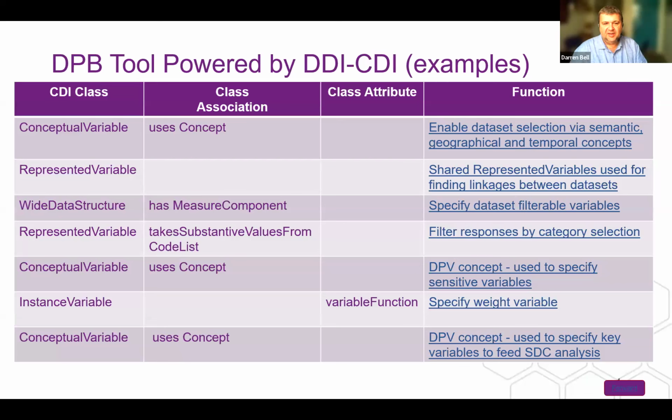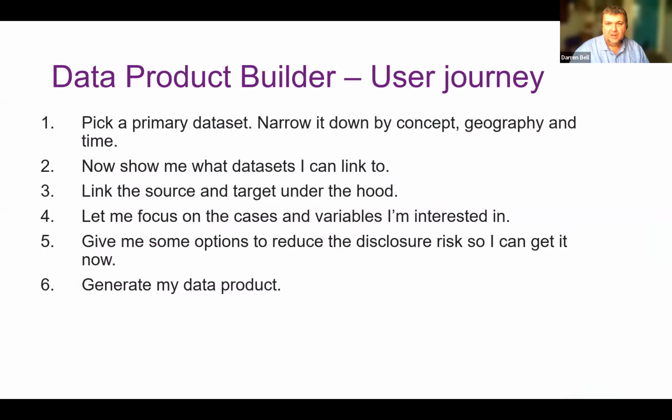And then we have other things like the measure components, which help us drive the UI for data set filtering. So just in the simplest of terms, hopefully in terms that would make sense to a layperson, what our data product builder does, relying on CDI data, is that you essentially pick a primary data set, and you find that data set by concept, geography, or time.